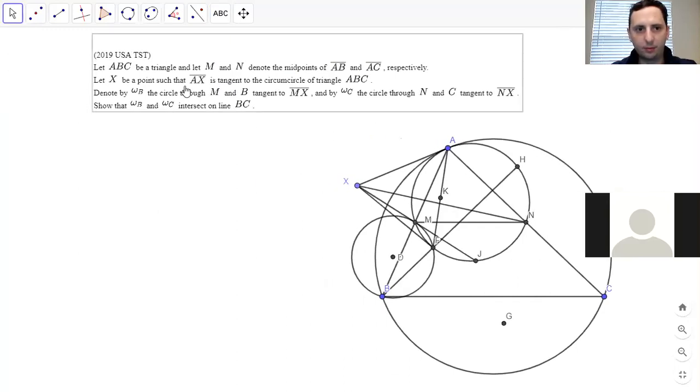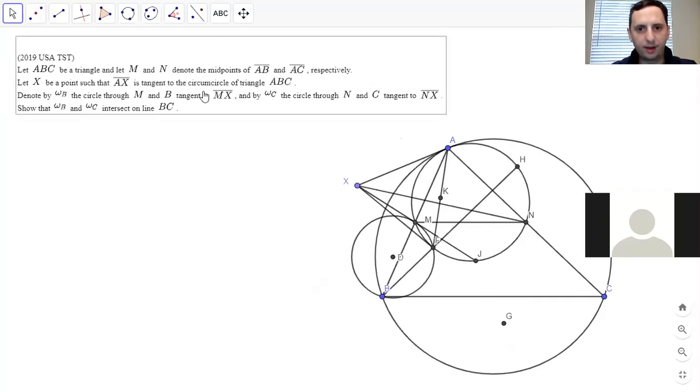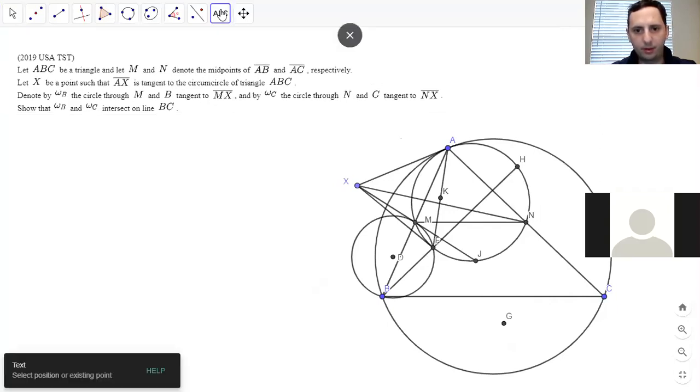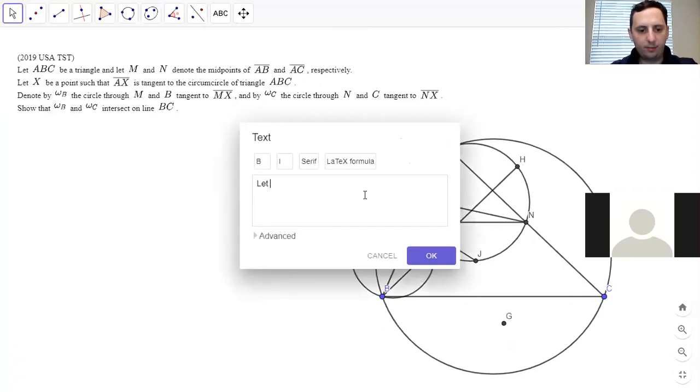I don't know if I'm going to have room for the text and the picture, but oh well.